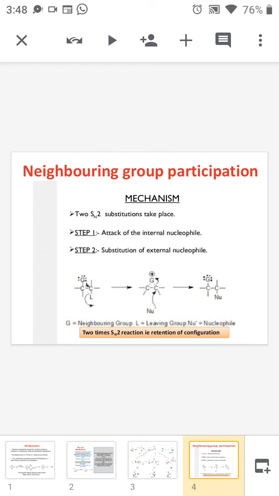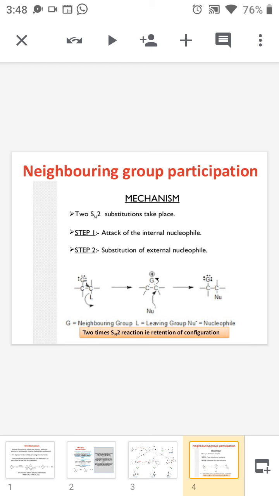So let me move into the mechanism of neighboring group participation. In the first step, attack of the internal nucleophile. But before that, we are just explaining the general character of neighboring group participation.